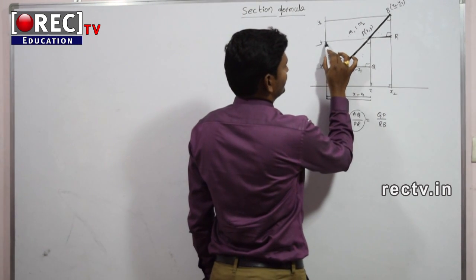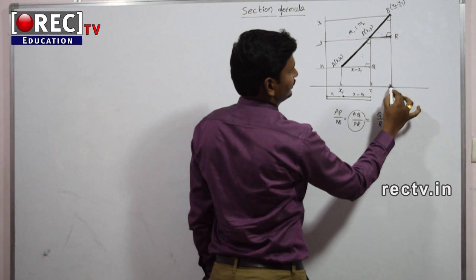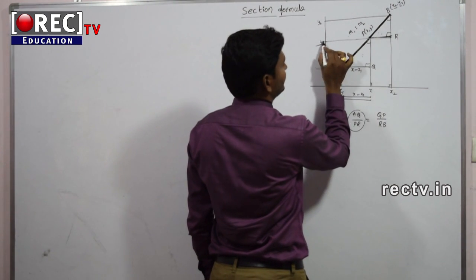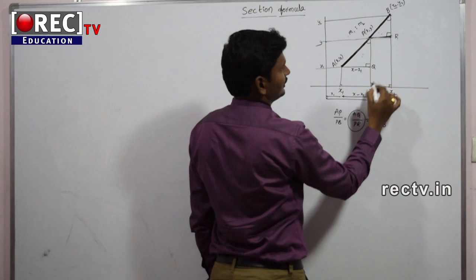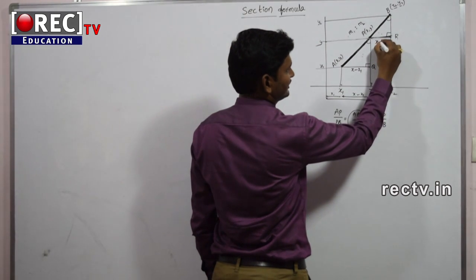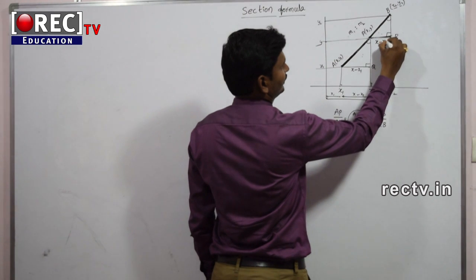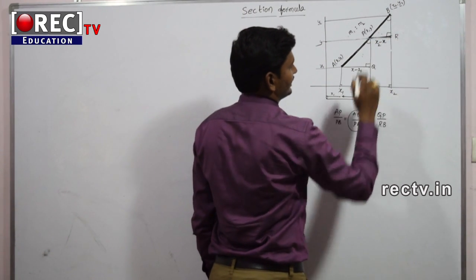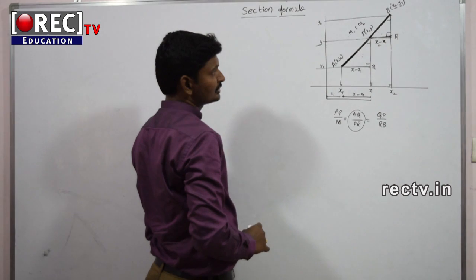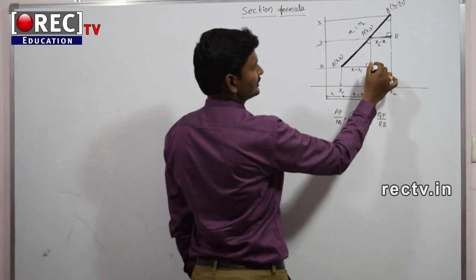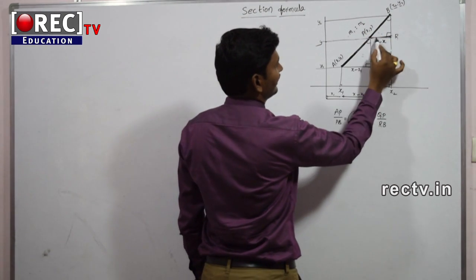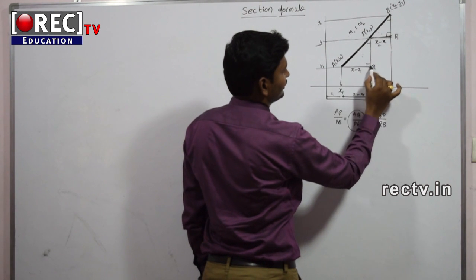From this value to here, what is this value? x2. And from here to here, what is the value? x. So the value of PR is x2 minus x. Similarly, the QP value: here the value is y and here the value is y1.